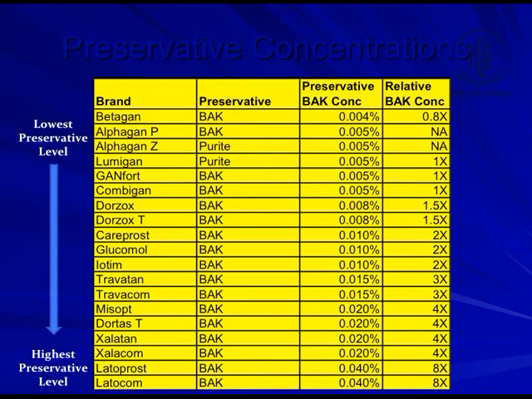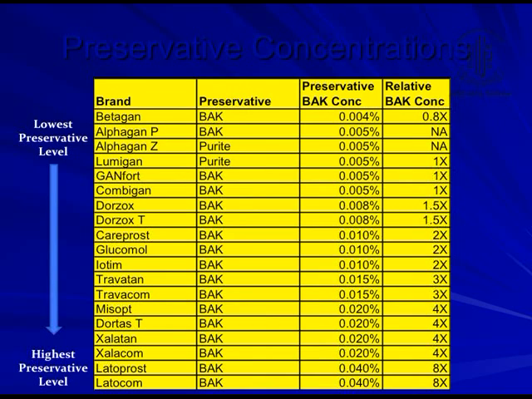This is a list of anti-glaucoma medications available in our country. All of them are available in our country. From above downwards, it's the lowest preservative level. Here the relative BAK concentration is very much less, about 0.8 times.